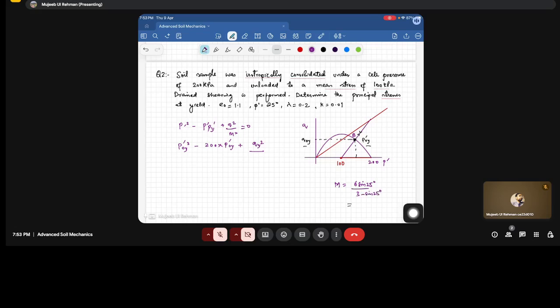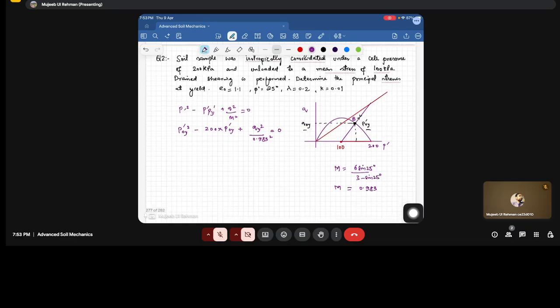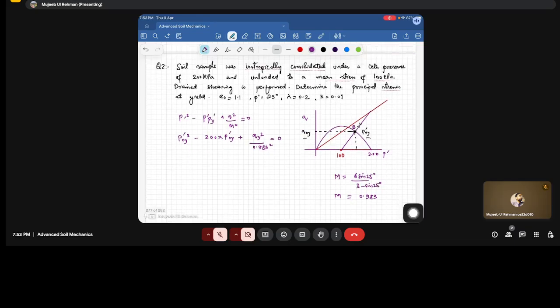So M is equivalent to 0.983, and M squared is 0.983 squared, equal to 0. Fine. Now I will try to solve it with you.